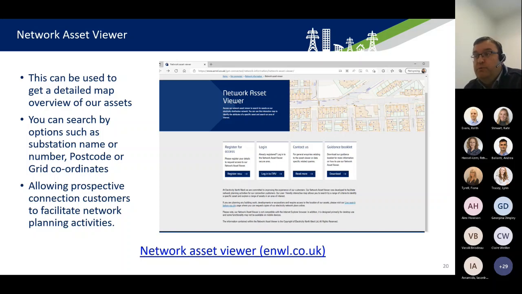This can be very useful for people looking to build out new developments, to see what assets we have in the area and the likely capacities that may be within those, and allows prospective connections customers to facilitate their own network planning activities at a high level stage before coming to us for an application, for example.